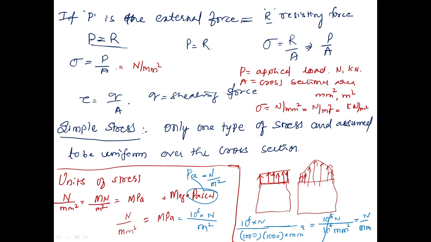Now you got 1 megapascal equal to 1 Newton per mm square, right?